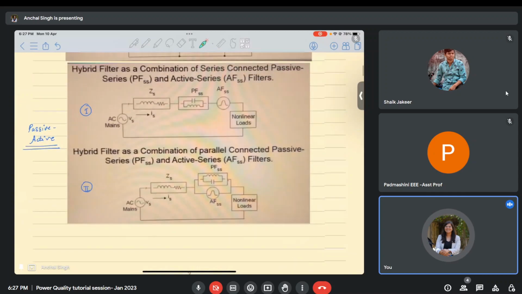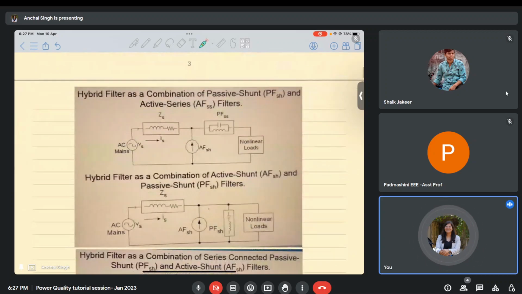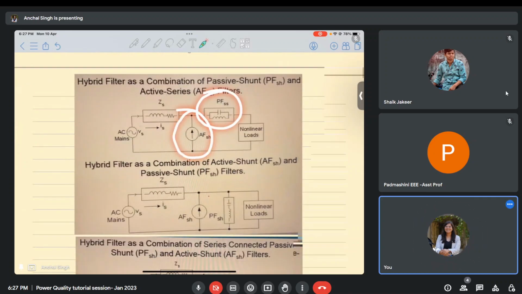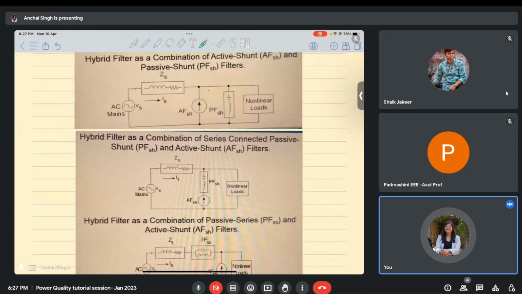But when you look at these topologies, they have a combination of both passive and active. So if you look at topology number one, it has a combination of both passive series and active series. Or you could have these passive series and active series in parallel. These both come in the category of passive active. Similarly, you could have shunt active and series passive, or you could have shunt active and shunt passive, or you could have a parallel combination of shunt passive and shunt active.